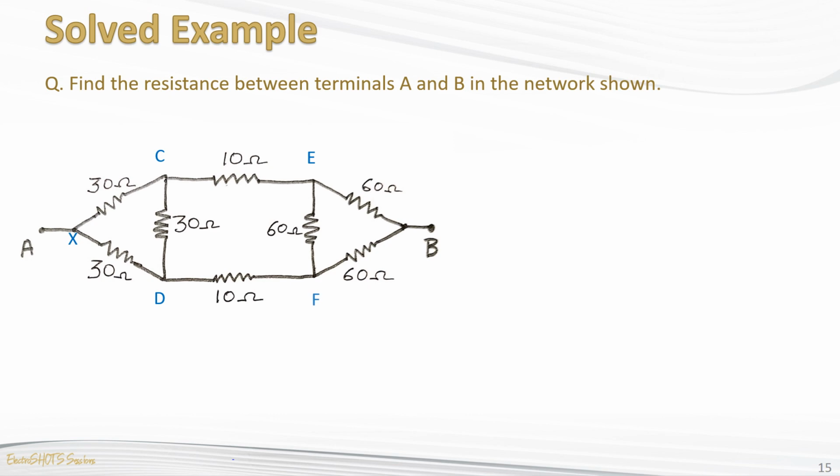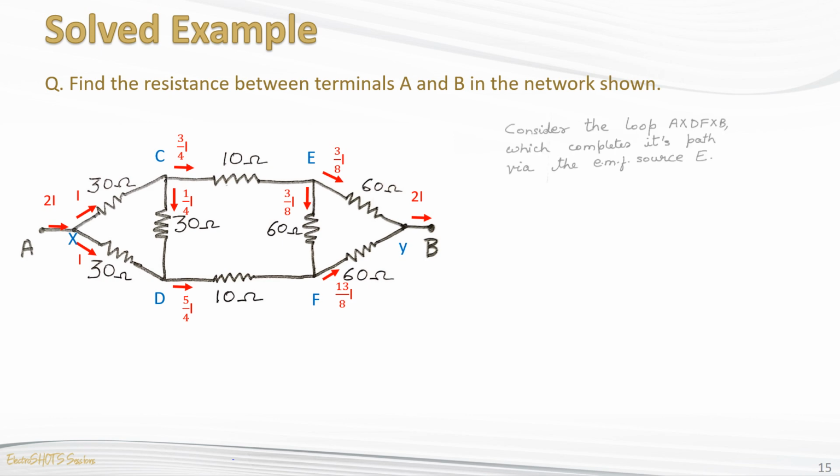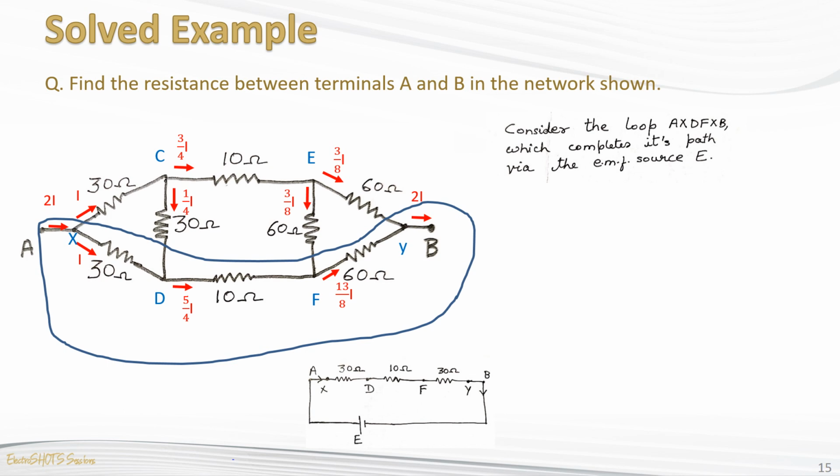Here we come to one solved example. Before I give you the solution to this problem, pause the video right now and try to solve it yourself before you look at my solution. Here I have assumed that a current of 2I enters and leaves the two farthest terminals of the circuit, and I consider a loop A X D F X B, a part of this circuit, after I have determined the currents of all the branches by the current divider rule.